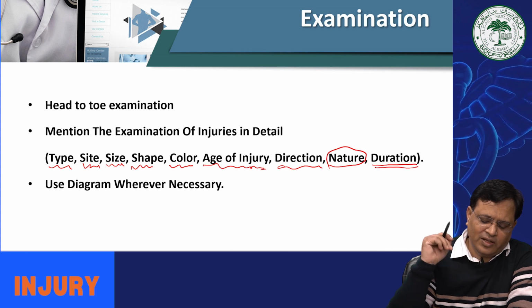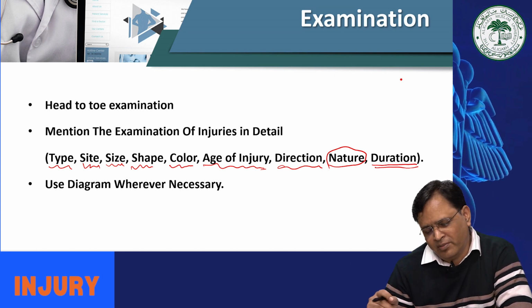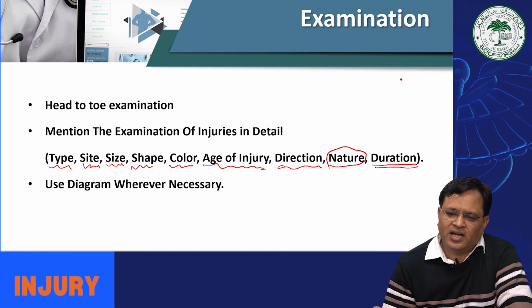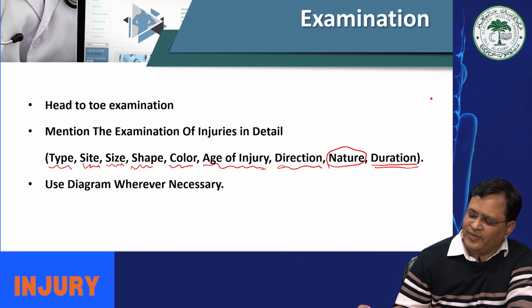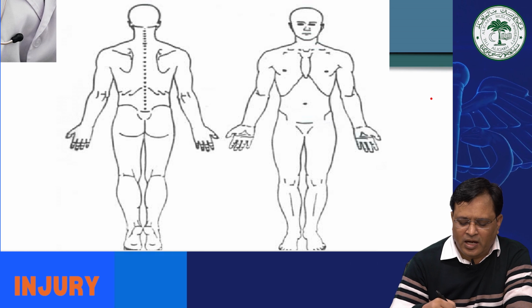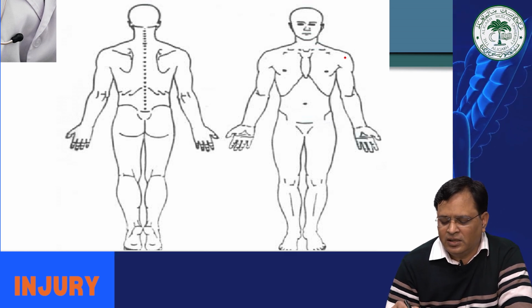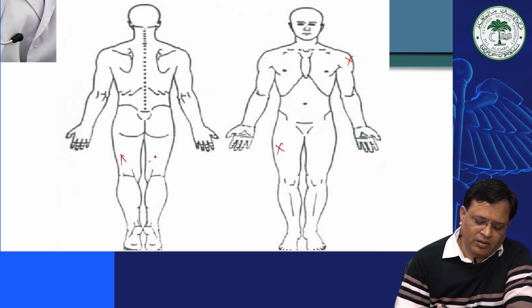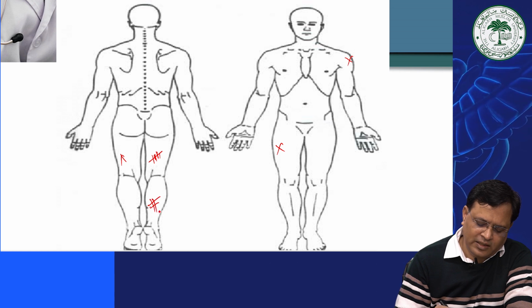Use a diagram wherever necessary. We should use a diagram on the proforma itself. In the inbuilt, printed diagram, we can mark the sites and give the site very clearly. Like this, all the anterior and posterior parts are depicted, and we can write anything here, anything here, or we can write about size, we can write about fracture.